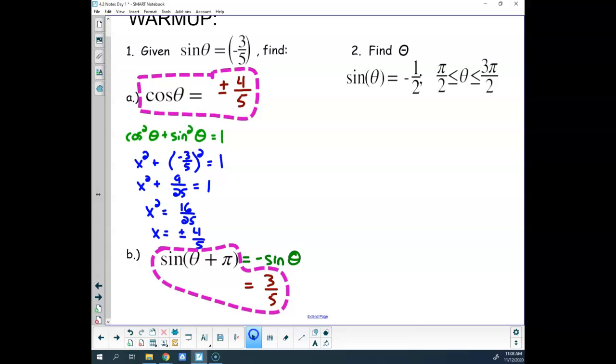Love it. Okay, so sine is negative 1/2. And we said that that was our y value. So I'm looking on the unit circle for a sine value of negative 1/2. That would put me at 7 pi over 6 or 11 pi over 6.